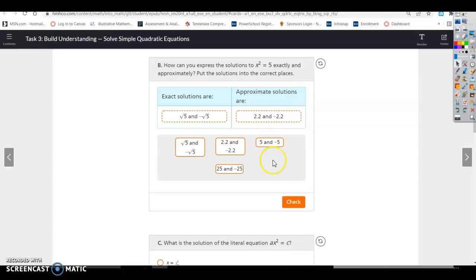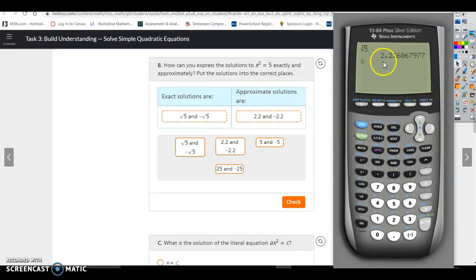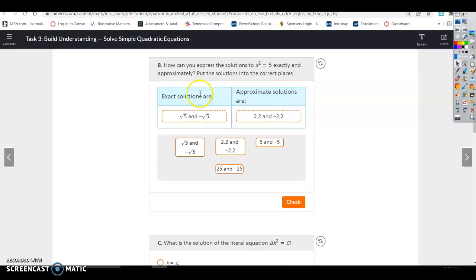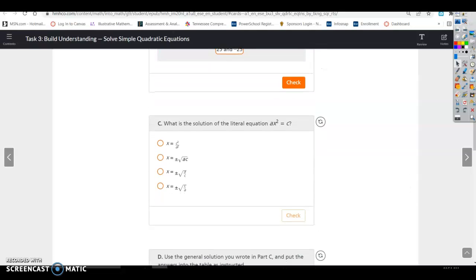These are called approximate answers because you can see the decimal went on and on. This is considered an irrational number, and we had to round this number. So when you round it, it becomes an approximate answer. So if it asks for an exact solution, you're going to leave it as a square root. If it asks for an approximate answer, rounding is okay.